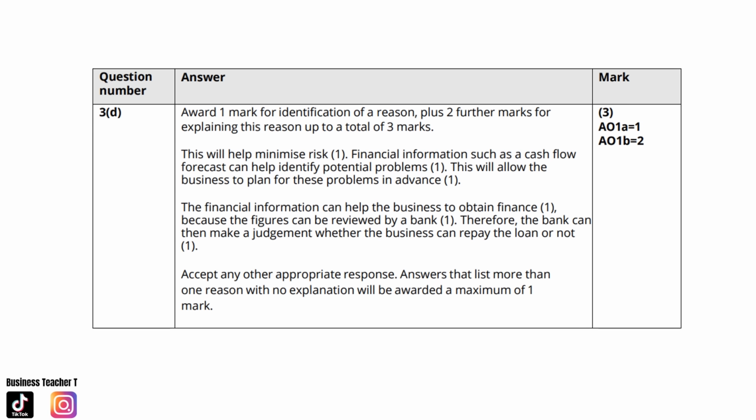This will allow the business to plan for these problems in advance. Or, the financial information can help the business to obtain finance because the figures can be reviewed by a bank. Therefore, the bank can then make a judgment whether the business can repay the loan or not. So you might have had that answer or any other appropriate response.